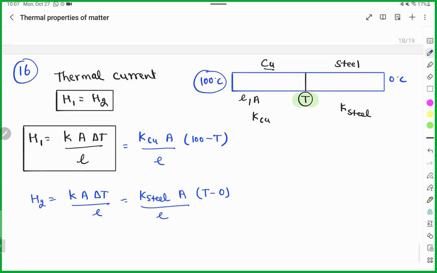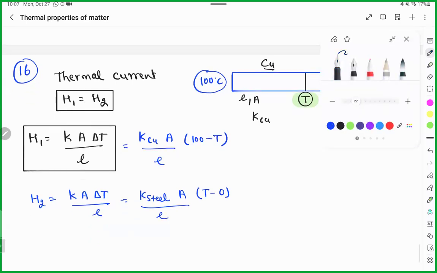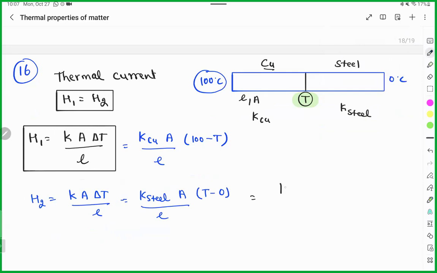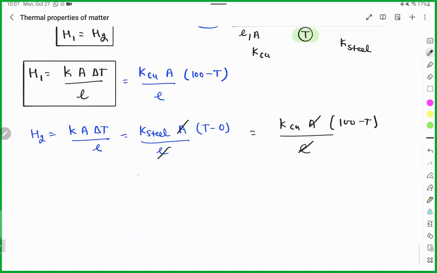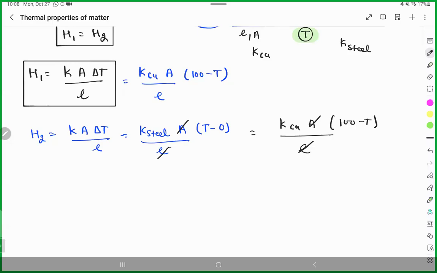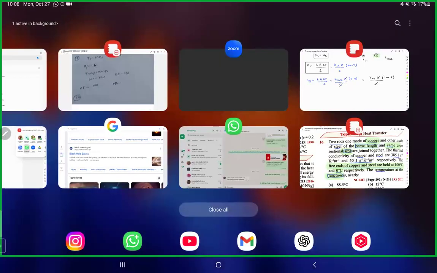Correct? Both values will be same, so you have to keep both together. K copper A times 100 minus T divided by L. So L will be cancelled, A will be cancelled. You have to calculate what is the K steel and K copper value?